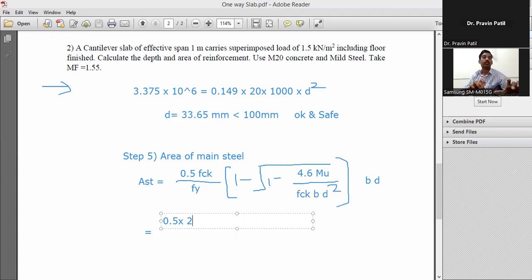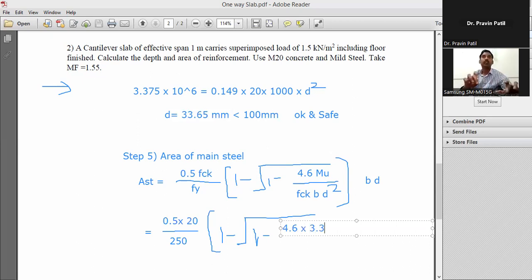0.5 into FCK, which is 20, divided by Fy, which is 250, bracket close, 1 minus root of 1 minus 4.6 into Mu, which is 3.375 into 10 raised to the power 6, divided by FCK B D square.